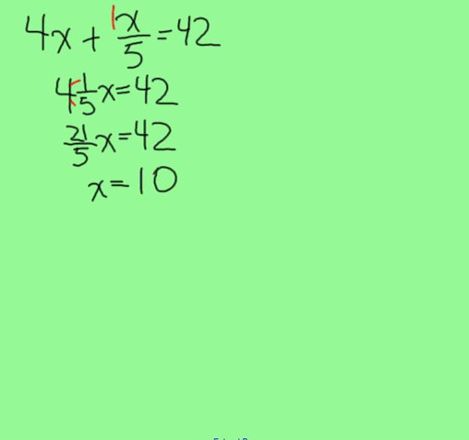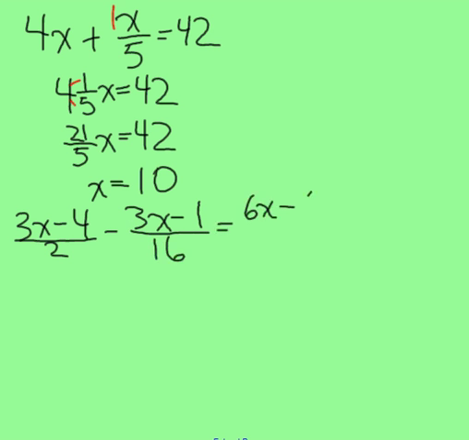Let's try one more. And this is a harder one. 3x minus 4 over 2 minus 3x minus 1 over 16 equals 6x minus 5 over 8.